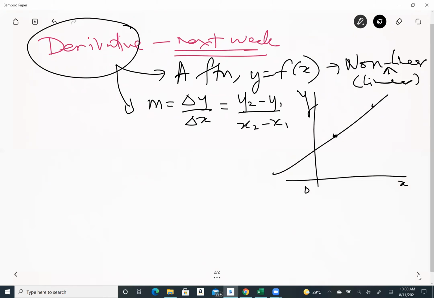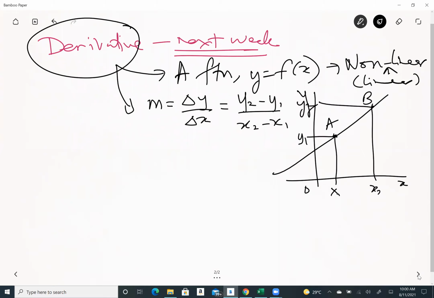Here you have a point A, point B, or x1, y1, and this is x1, that's y1, and this is x2, y2.